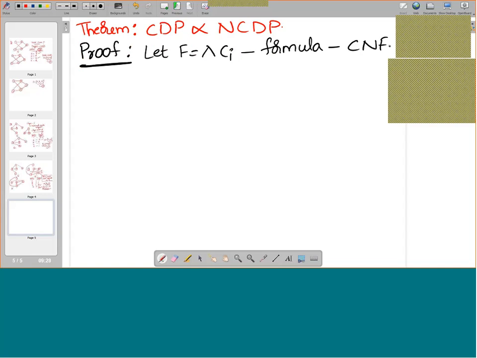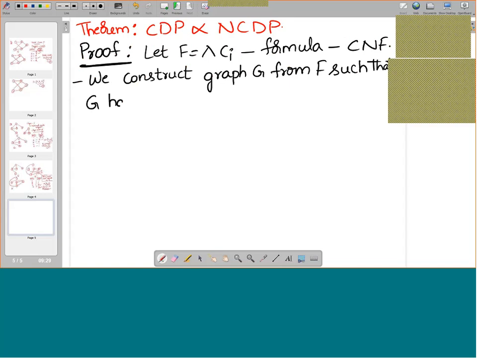Next, we construct graph G from F such that G has clique size at least k if and only if F is satisfiable.